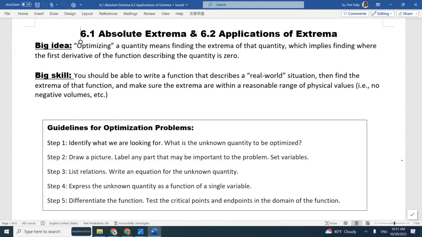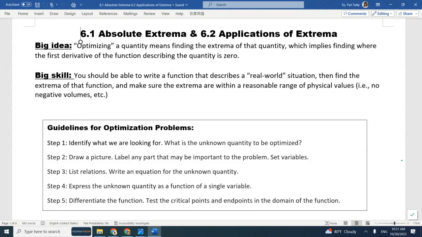Okay, so the big idea: optimizing a quantity means finding the extrema of that quantity, which implies finding where the first derivative of the function describing the quantity equals 0.